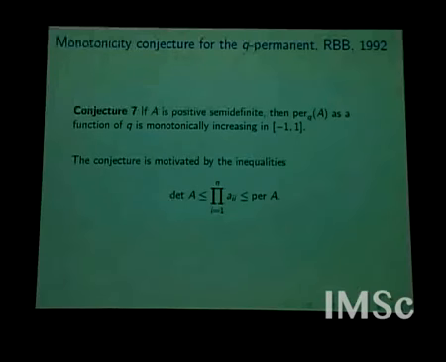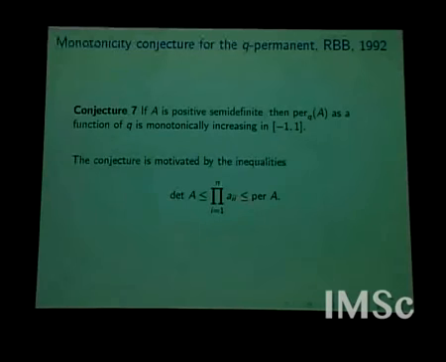I think Lieb's inequality which I stated was a generalization of this inequality. So the conjecture is that there is a monotonicity among all these three cases. There is no work on this as far as I know.